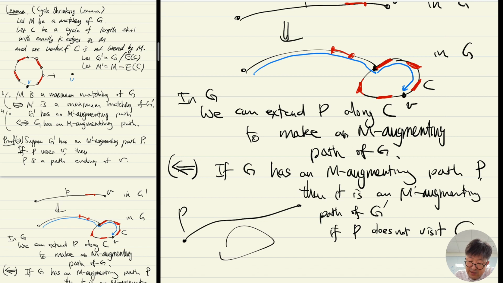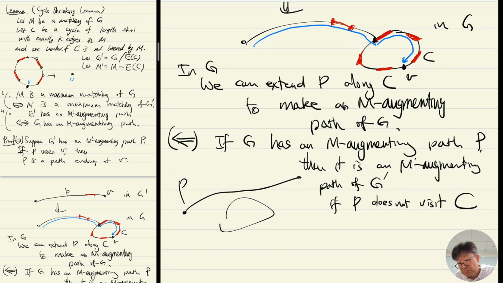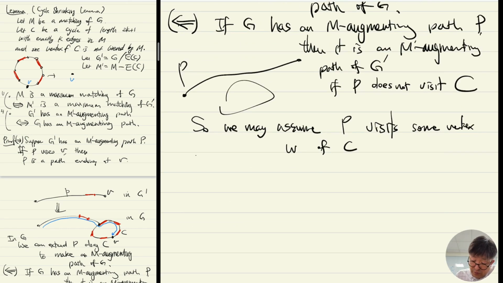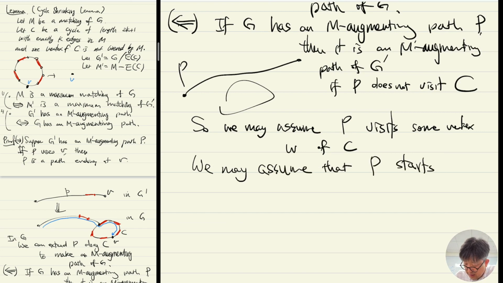If C was outside, then this again stays as an augmenting path, so nothing to show. So we may assume P visits some vertex W of C. And we may assume, by reversing P, that P starts at a vertex not in C, right?